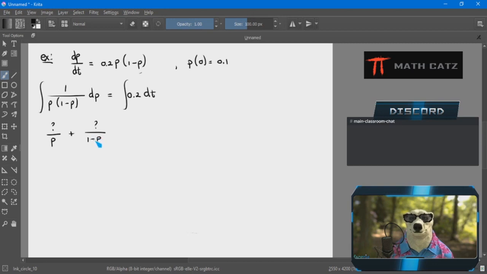This can be done in more detail. It's called partial fractions, but our initial expression is simple enough that we don't have to worry too much about the topic in general.